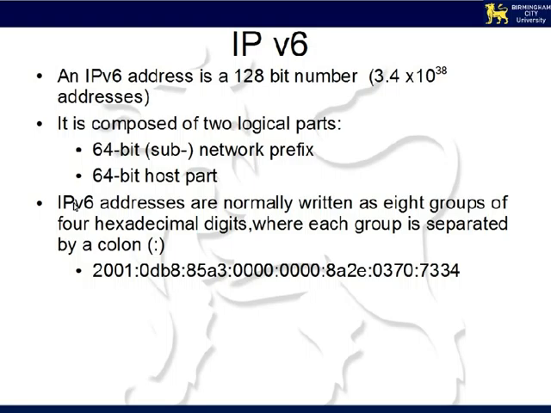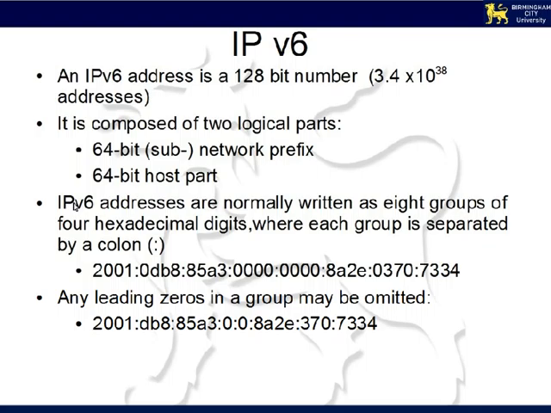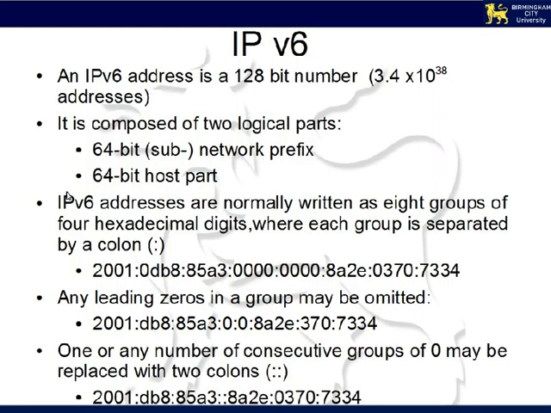So in order to simplify this, where we have large groups of zeros, we can compress the zeros and omit them, as we've done in the example below. And in fact, when we have consecutive groups of zeros, we can omit them completely by just putting two colons in like this. However, the situation remains that IP version 6 addresses look much more complex than IP version 4 addresses.